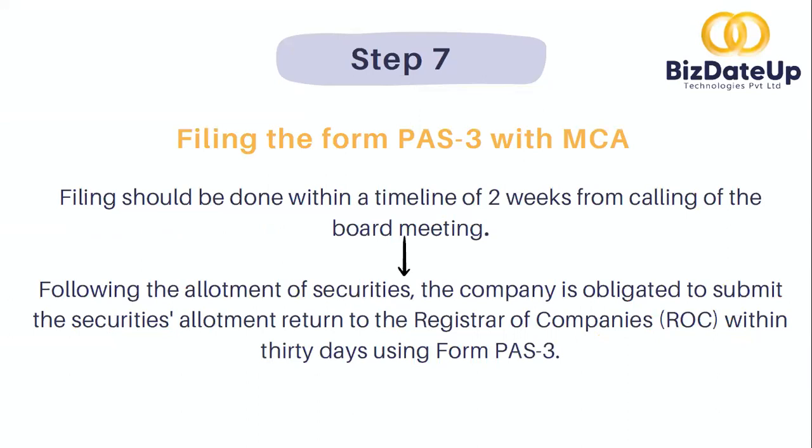Once that allotment is done and the board resolution is passed, the company has to intimate the regulatory authority that yes, we have done the allotment of shares, and that intimation goes to the MCA in form PAS 3. PAS 3 needs to be filed within a period of 30 days of the board meeting. This is the timeline given as per the Companies Act 2013.